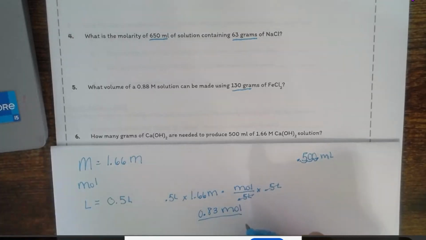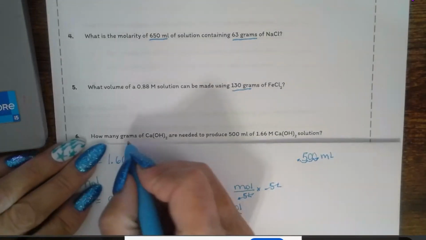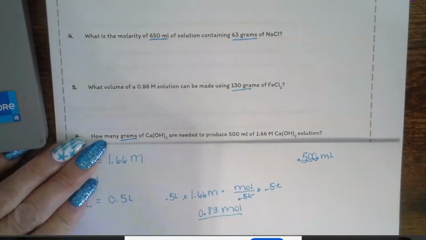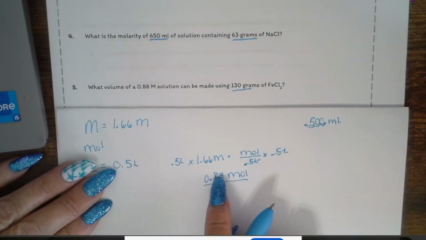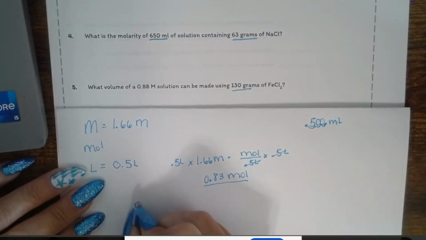Now, if you stop here, you're stopping before you need to, because look at the question. The question asked us to find grams. So in this case, we're going to have to convert our moles, so 0.83 moles.